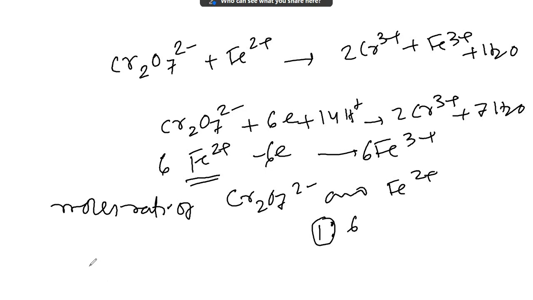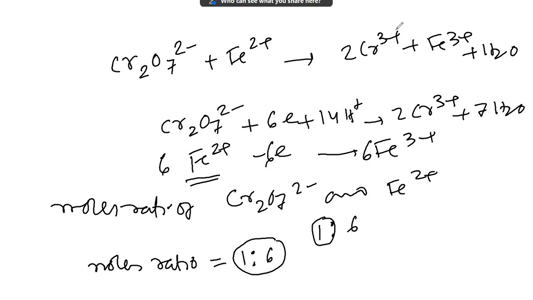The mole ratio of potassium dichromate to Mohr's salt is 1:6. This means for every 6 moles of ferrous salt we require 1 mole of dichromate.